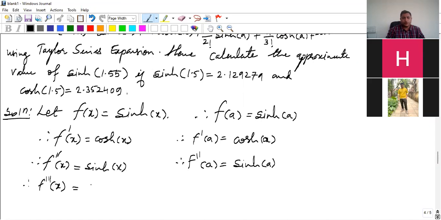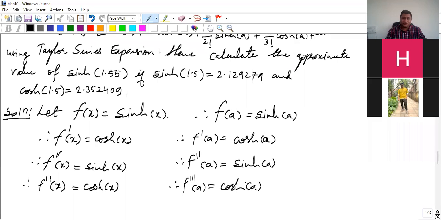The derivative of sinh is again cosh x, and hence f triple dash at a is cosh a. So we got the 4 terms, and they are non-zero, so we are able to write the series now.